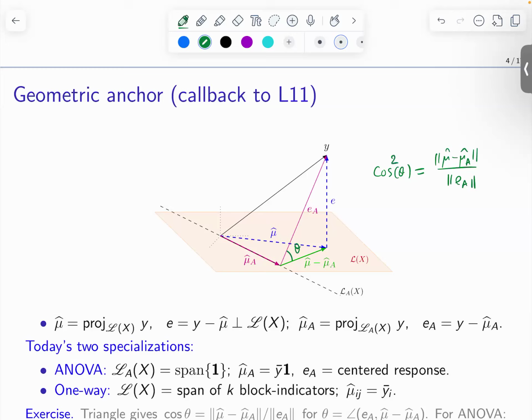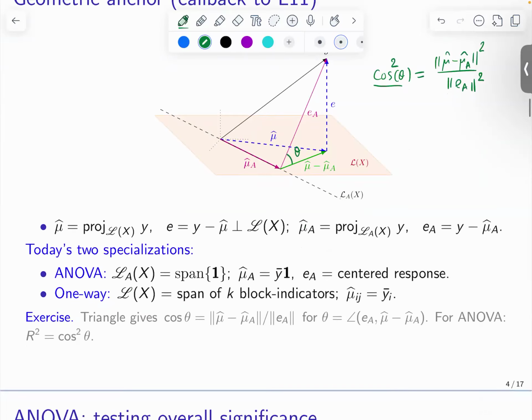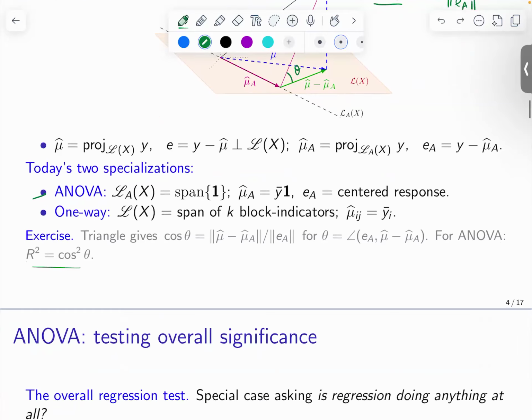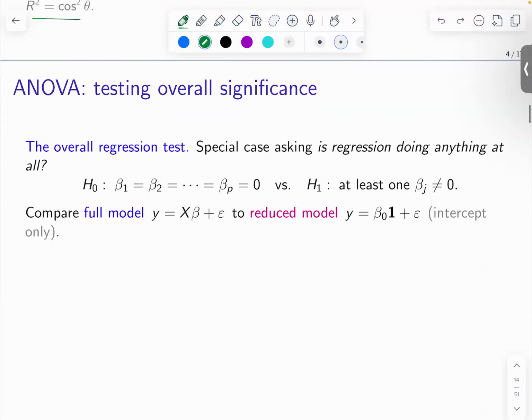Or the cosine squared would be the squared norm divided by the squared norm. And you can see these are related to the quantities that appear in the F-test. When you specialize this picture to ANOVA, this would be R squared. If you have seen it in regression, we'll see it later. But it has this nice geometric meaning that we'll see.